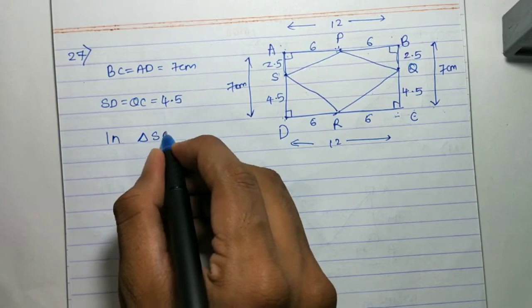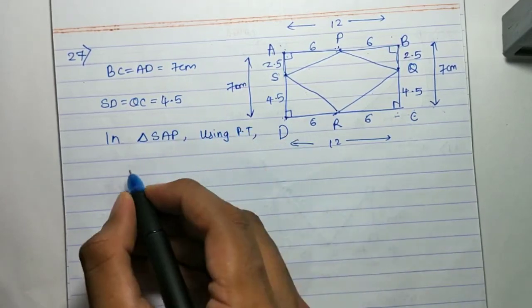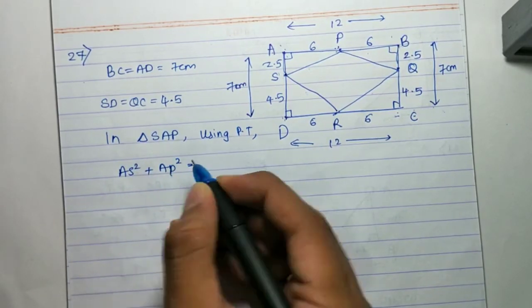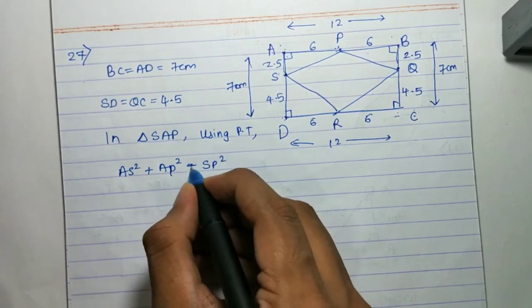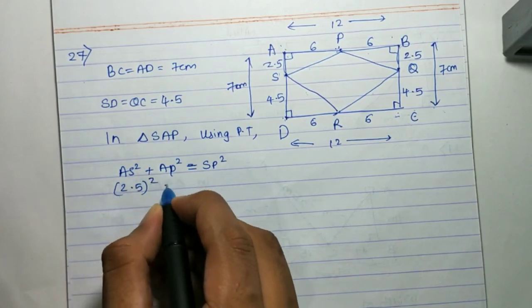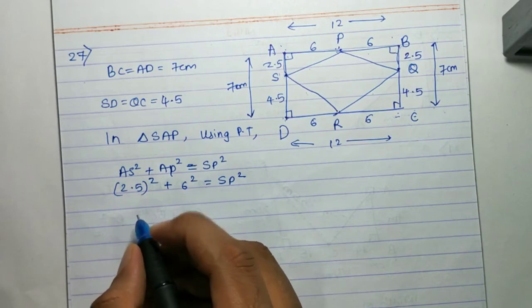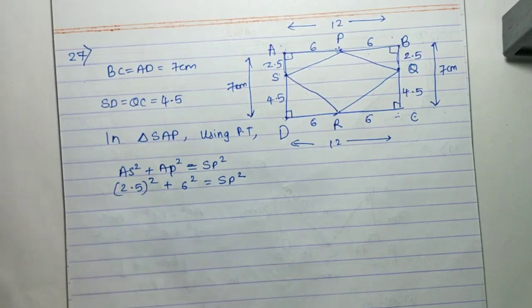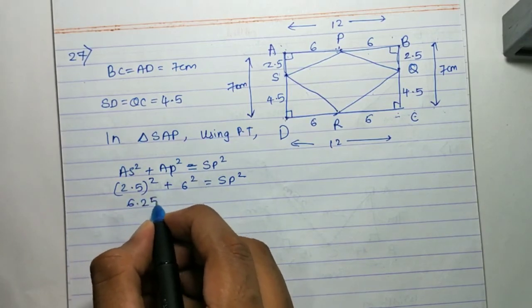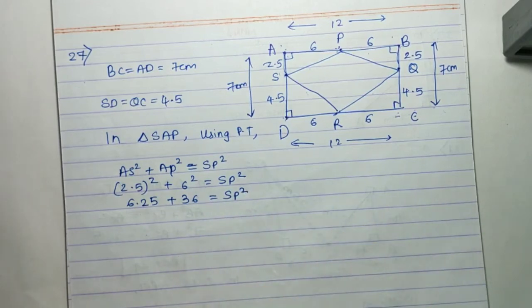in triangle SAP using Pythagoras theorem? AS square plus AP square equals SP square. So 2.5 square plus 6 square equals SP square. Now what is 2.5 square? It is 6.25 plus 36 equals SP square.